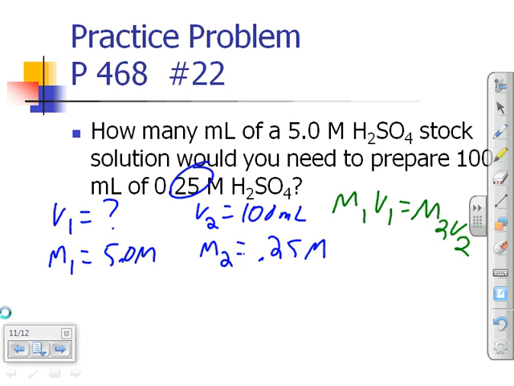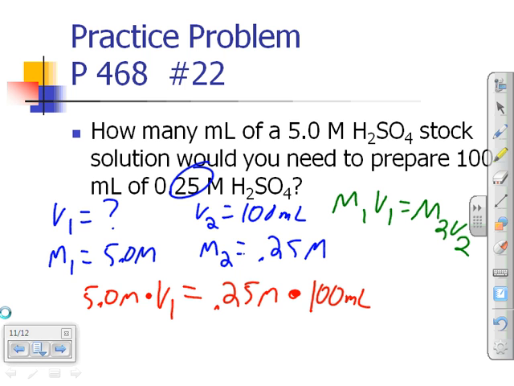Now we just need to plug the numbers in. M1 is 5.0 molar times V1 is equal to M2, which is our 0.25 molar, times 100 milliliters. Solving for V1, divide both sides by 5.0 molar.